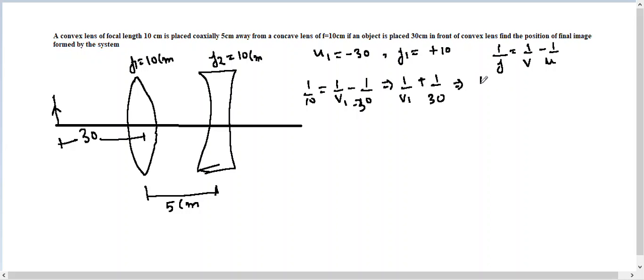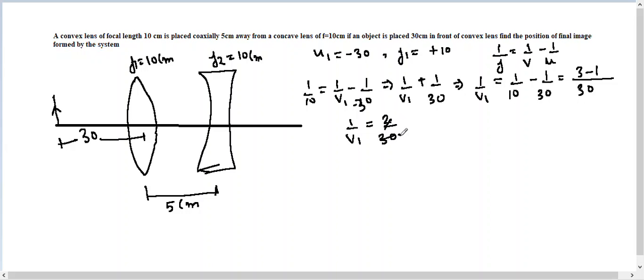So we can say that 1 by v1 is equal to 1 by 10 minus 1 by 30. Putting in the LCM, 3 minus 1, so 1 by v1 can be written as 2 by 30, so 1 by 15. That implies v1 is equal to 15 centimeter.